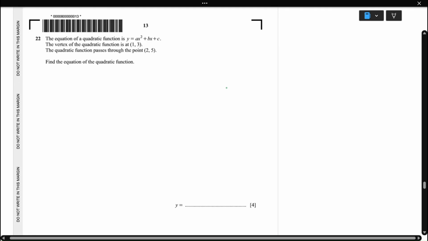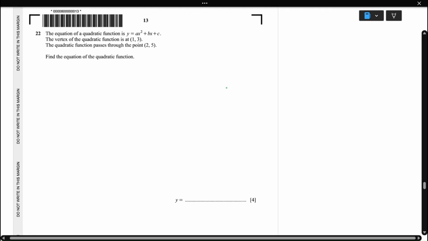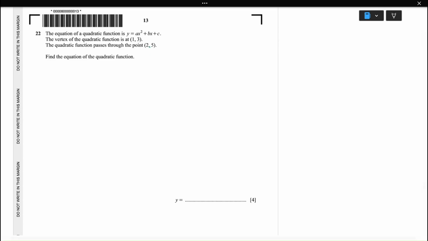Next, question 22. The equation of a quadratic function is y equals ax square plus bx plus c. The vertex of the quadratic function is 1, 3. The quadratic function passes through the point 2, 5. Find the quadratic function.